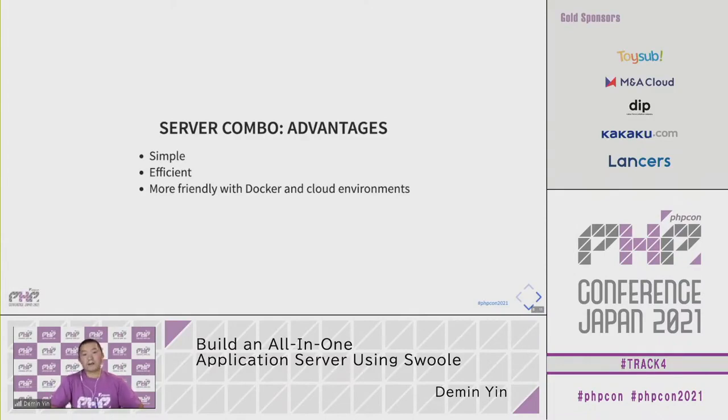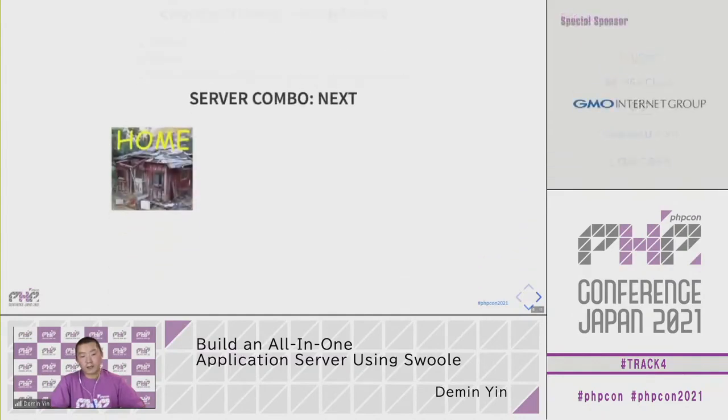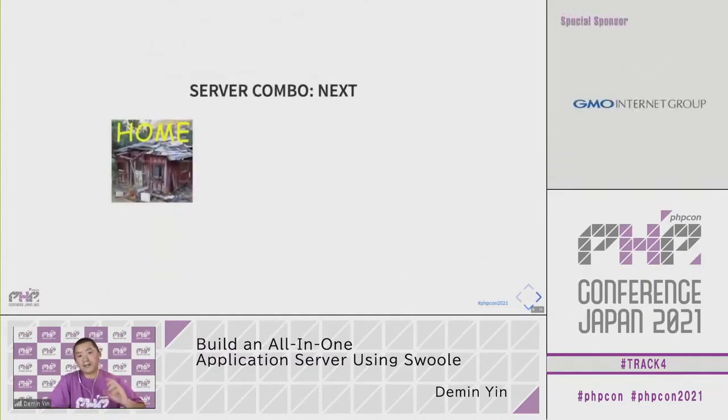But whatever examples I have shown are just some simple examples. They don't contain lots of features or functionalities, like error handling, database drivers, data validation, and so on. So if you want to really build something for a production environment, you better not do it from scratch by yourself.